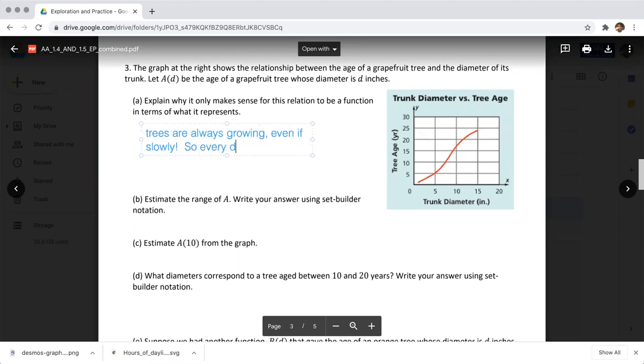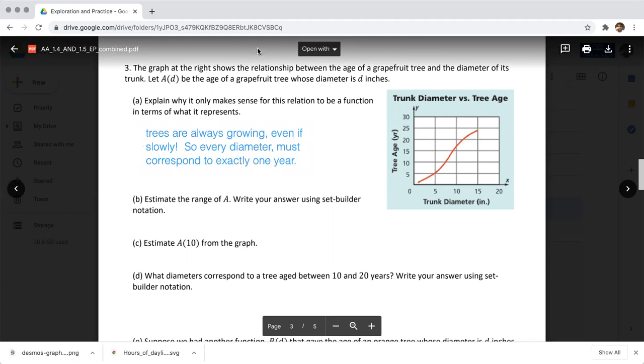So every diameter must correspond to exactly 1 year. Unless it's possible for a tree to shrink, or stop growing, but I think it's always growing. So that's why I would say this is definitely a function. Each diameter has to correspond to only 1 year. Definitely looks so on the graph, passes the vertical line test.